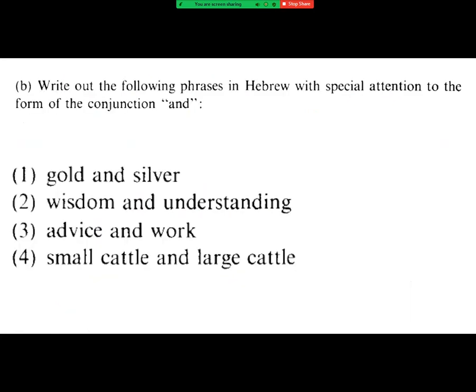Okay, write out the following phrases in Hebrew with attention to the form of and. Now, gold and silver. Gold was Zahav, and silver is Kesef. Kesef starts with a K sound, so it just follows the normal way you do it: Zahav, then v'Kesef. Everything's fine there, no problem. That's the way we taught you to do it at the beginning.